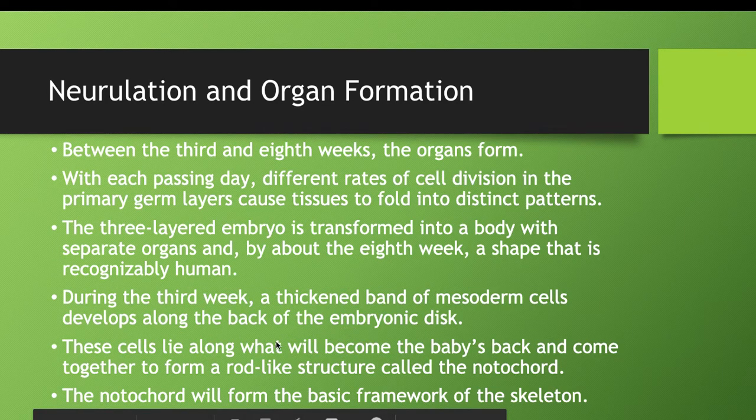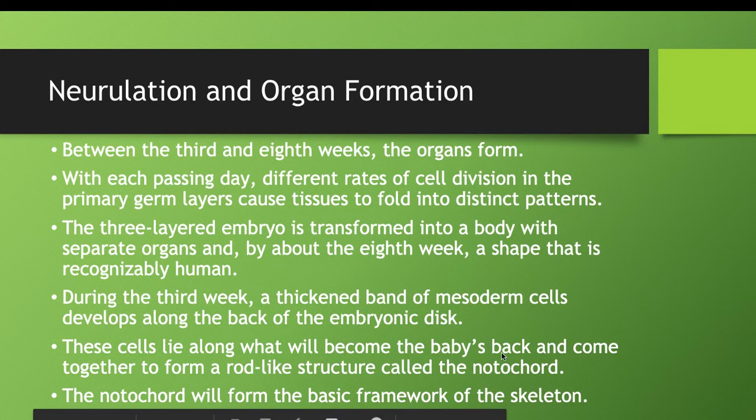These cells lie along what will become the baby's back and come together to form a rod-like structure called the notochord. If you remember back to Bio 20, I made you guys do those little booklets when we talked about the different classifications: kingdom, phylum, class, order, genus, species.